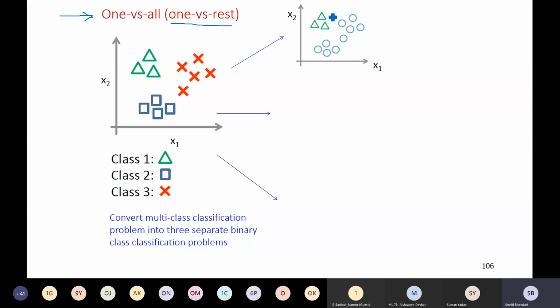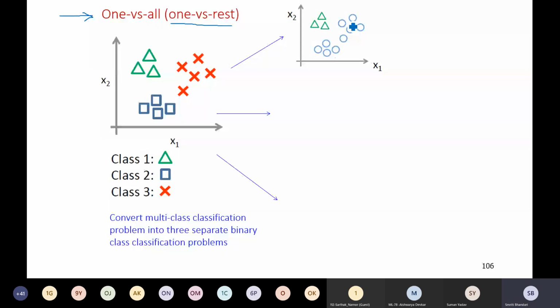So this triangle is my class 1, and the rest of the samples may be class 0. So I have converted my 3-class classification problem into a 2-class classification problem, wherein I want to learn class 1. Class 1 is the same as the original, but the remaining 2 classes are merged together, and we assume that this is our class 0.